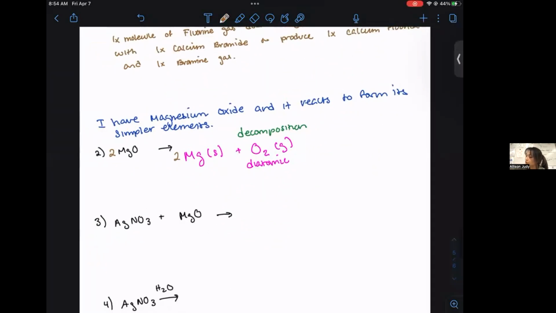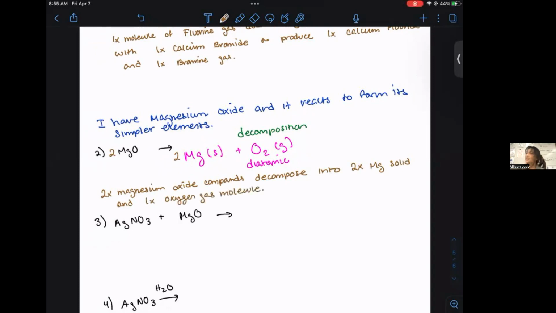What does this translate to? 2 magnesium oxide compounds decompose into 2 magnesium solid particles and 1 oxygen gas molecule. And that's what that translates to.